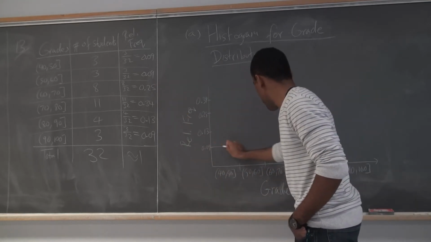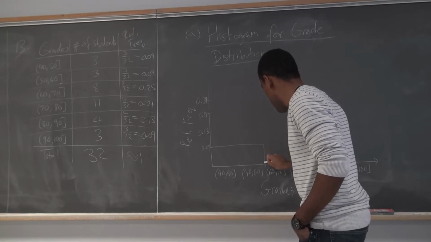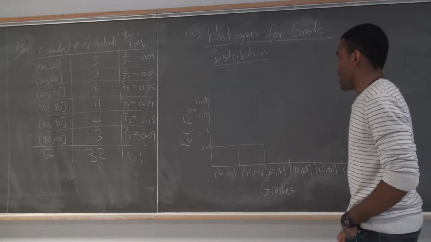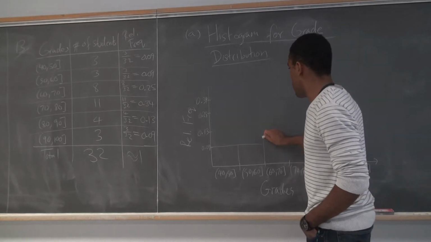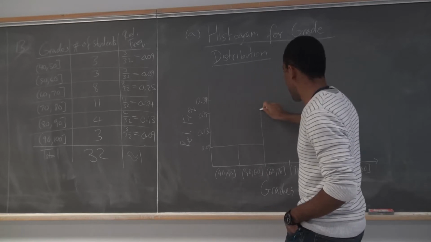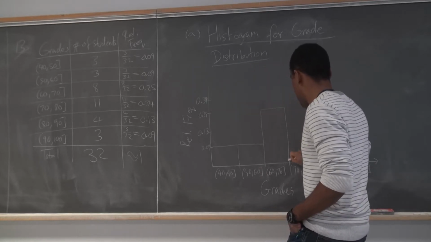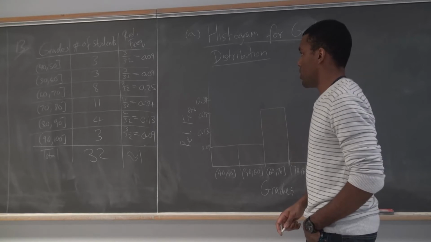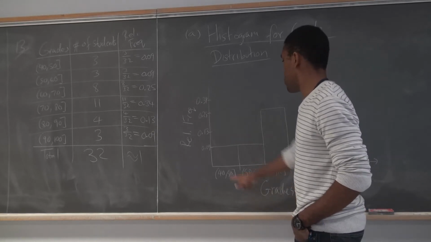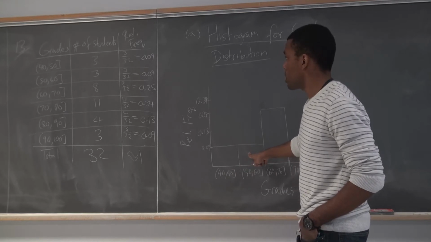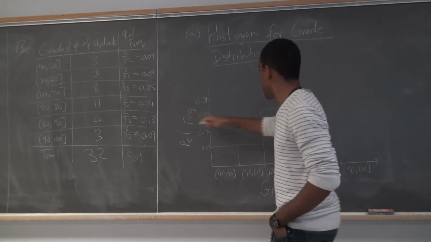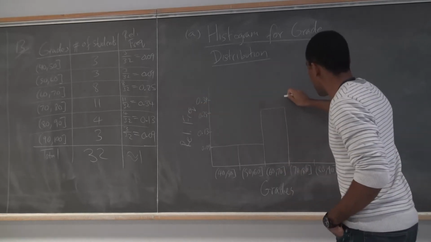So 40 to 50 and 50 to 60 are both at the same level here. The 8 will give us 0.25. So that should sort of line up with here. 70 to 80 would give us the 0.34. So that one's going to be slightly higher.